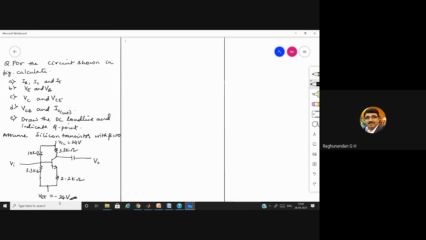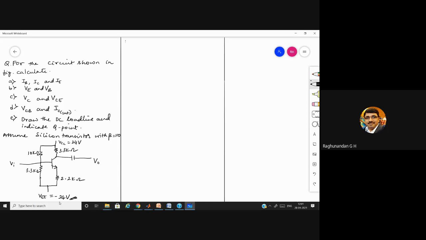So here you cannot directly apply the analysis we were doing. Obviously, we have to use either the approximate or accurate analysis, but we have to do some extra steps before, like finding the VT directly, which we were doing.